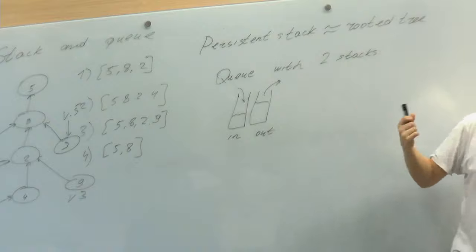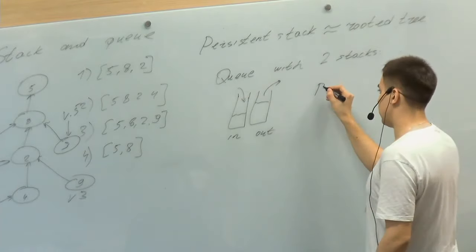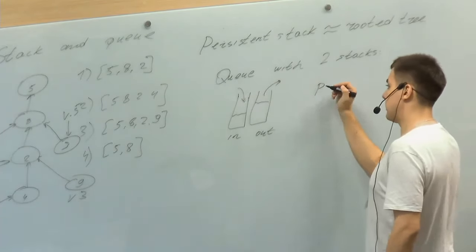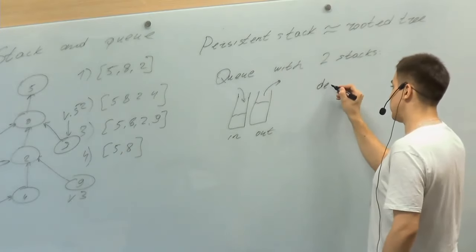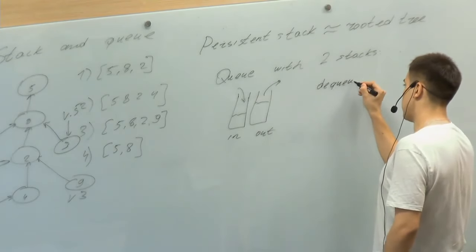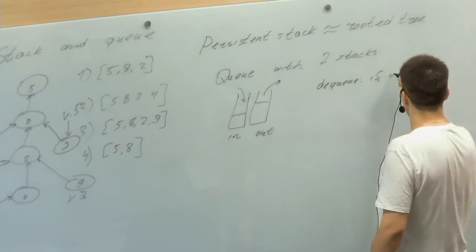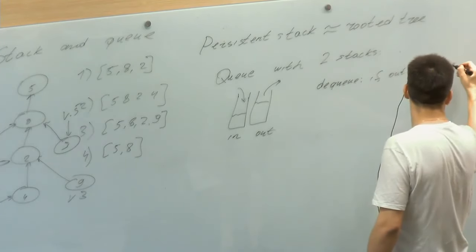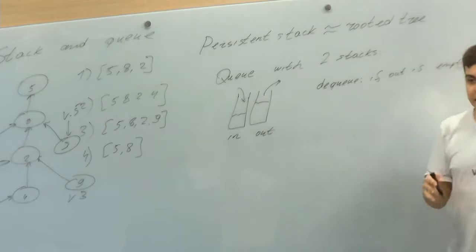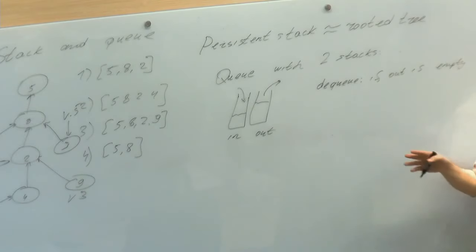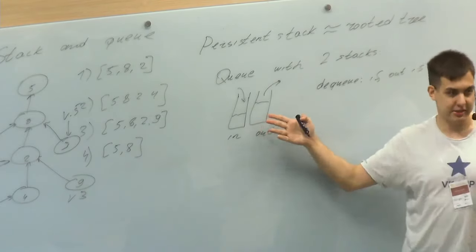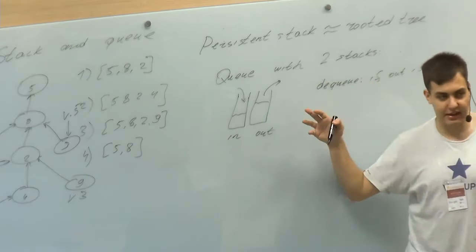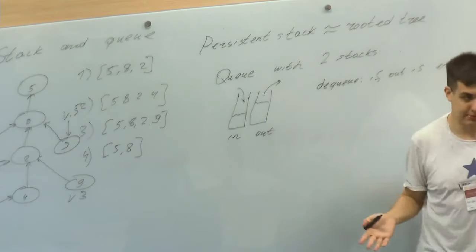Okay, so on the dequeue operation, if out is empty, well, for example, in the beginning of the problem, you inserted some elements into in, but there were no elements in out, so out was empty.